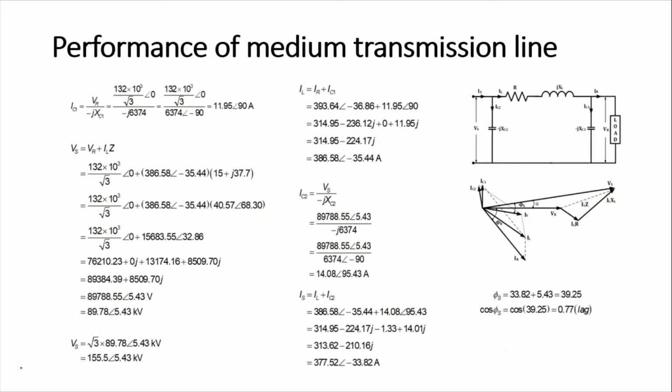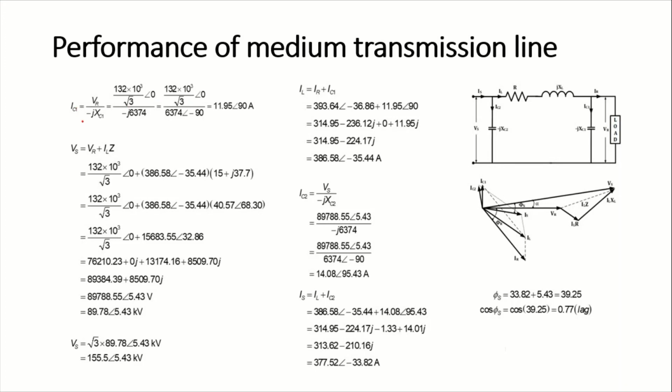Now first we have to calculate the value of IC1, then IC2, then the line current, and then the sending end. First find IC1, then IC2, then IL, then IS, and then VS. Clear?